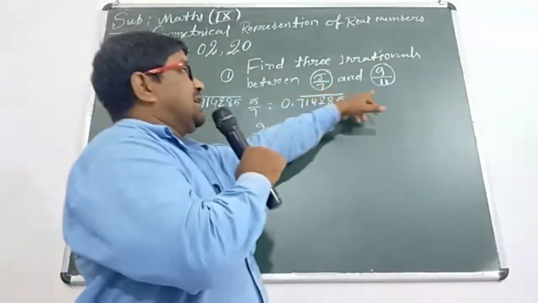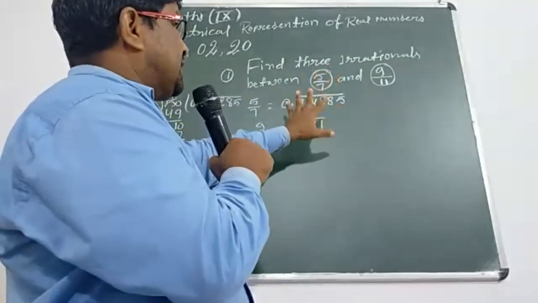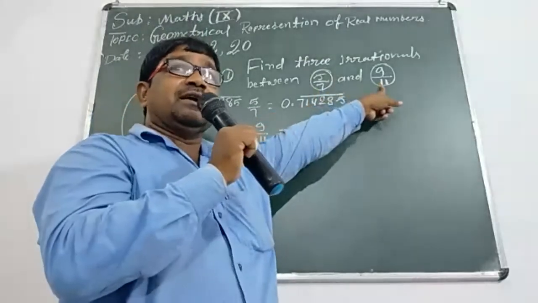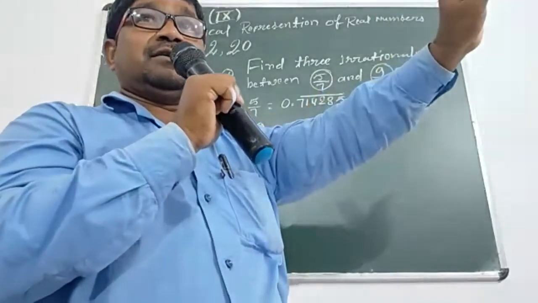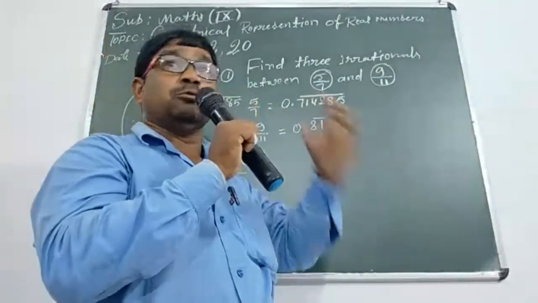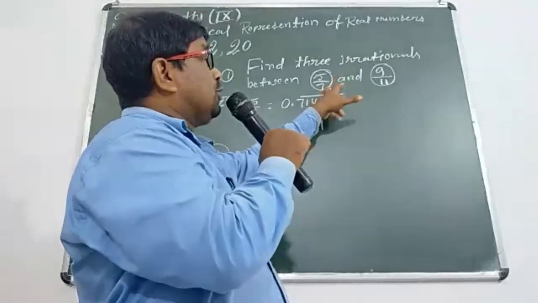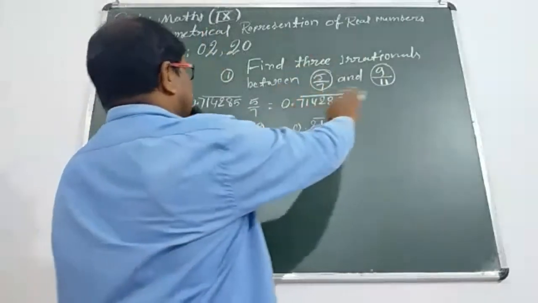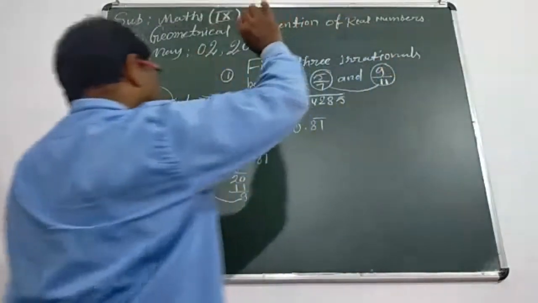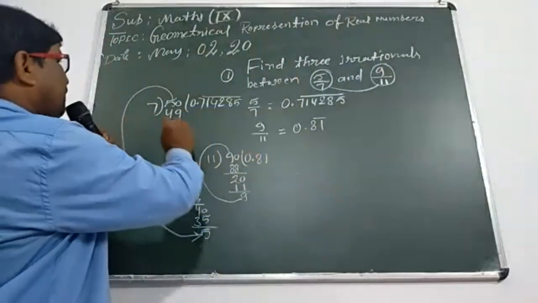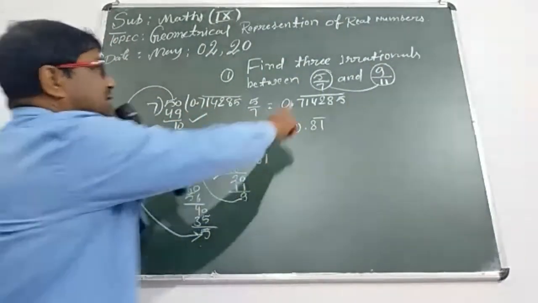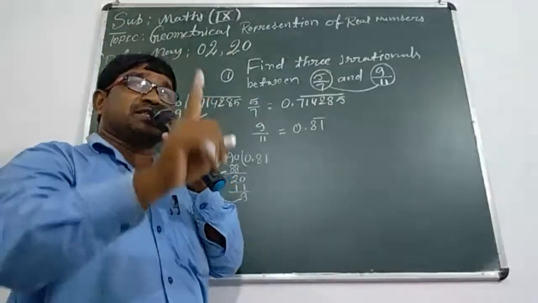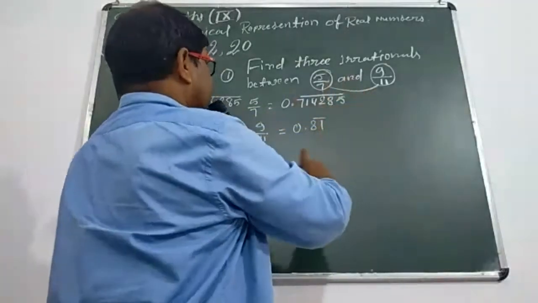These two are rational and we want to find three irrationals between these two rationals. Between these two rationals you do not have to write rationals, you know the method of writing rationals. Now you have to write irrationals between these two rationals. We need the irrationals between these two rationals. So our first work will be to find the decimal expansion of these two rationals. First finding the decimal expansion of these two rationals in this way.